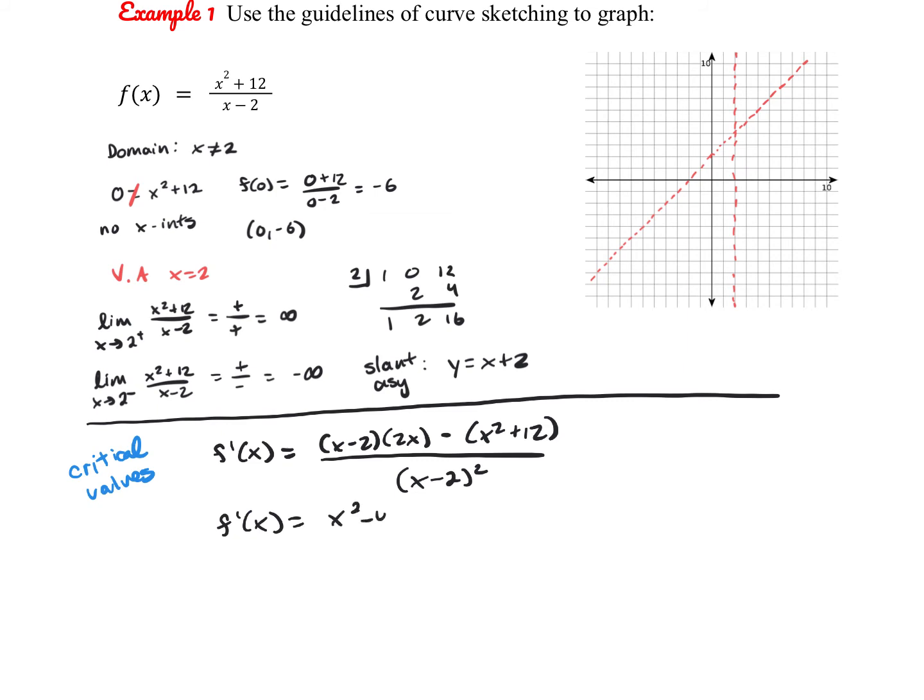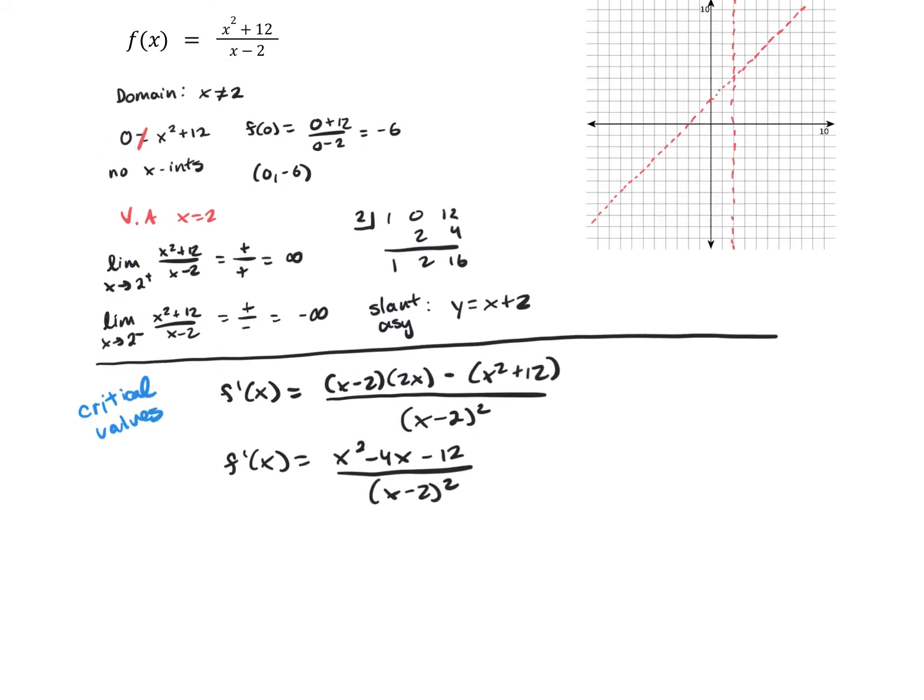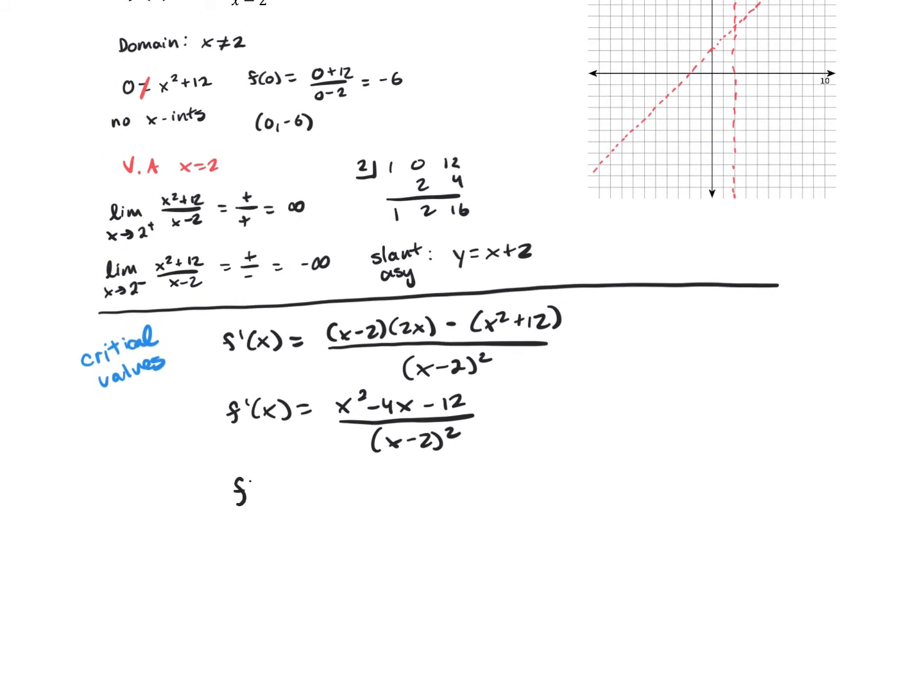So it leaves us with x squared minus 4x minus 12. And we can factor that, actually. So we have x minus 6 times x plus 2 over x minus 2 squared.